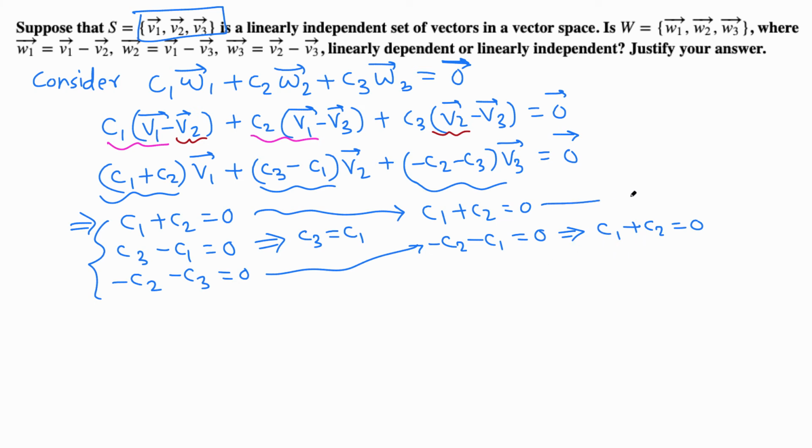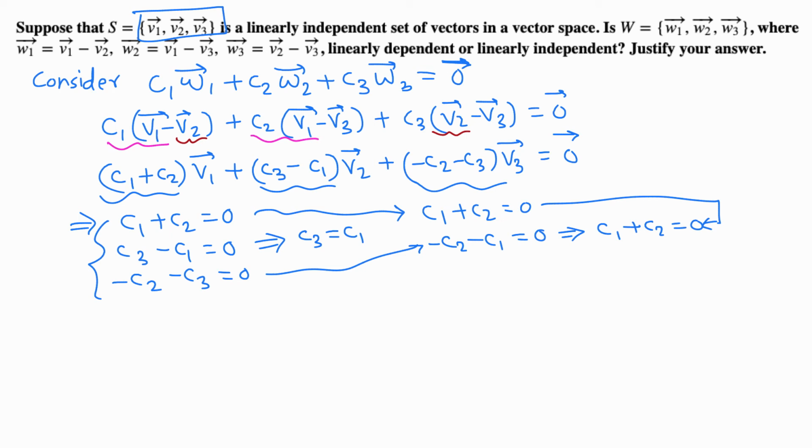So we got the same thing here, no new information. What we know is c1 plus c2 equals 0, and c3 equals c1.